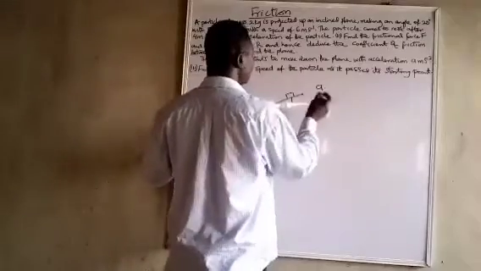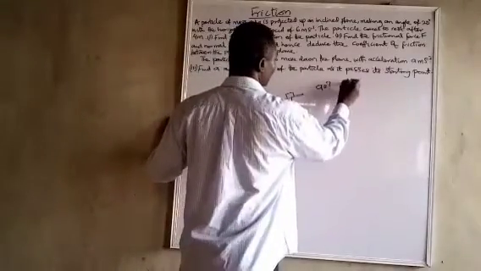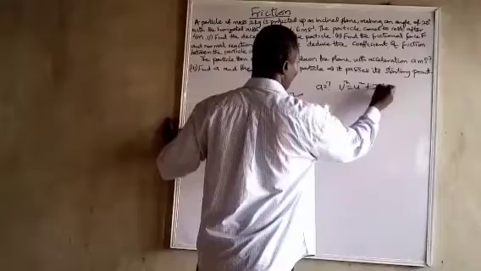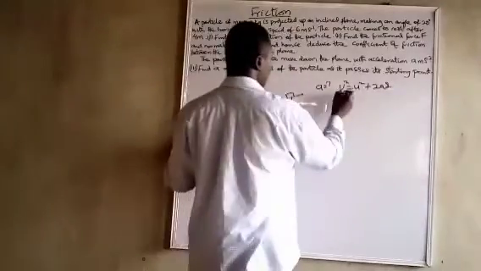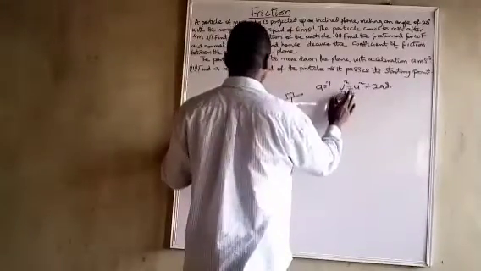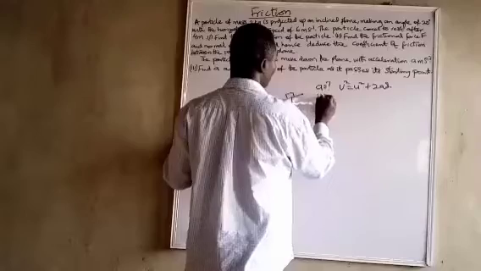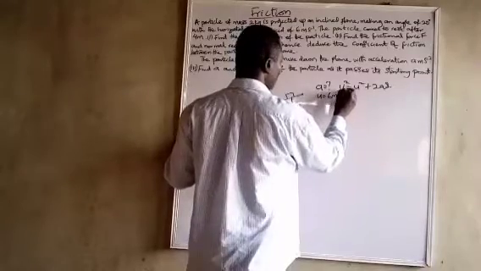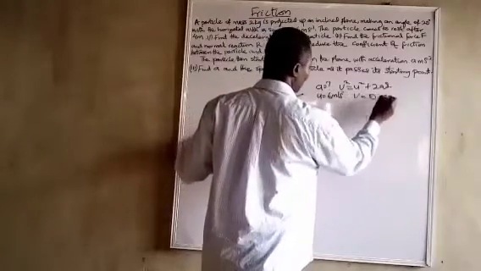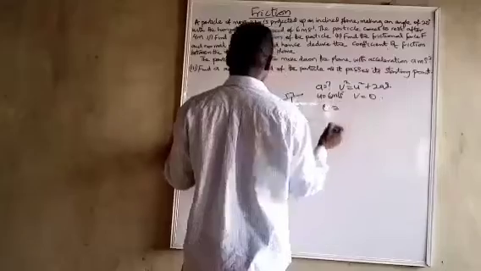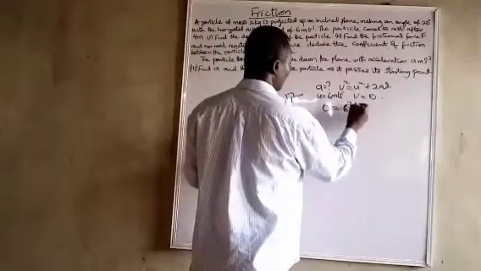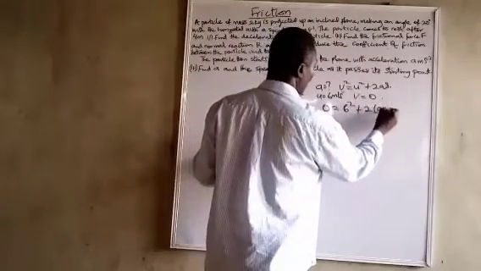So we can find that using v squared equals u squared plus 2as. So what is our v? No, what is our v? 0. V is 0. So we can now say 0 equals 6 squared plus 2as.